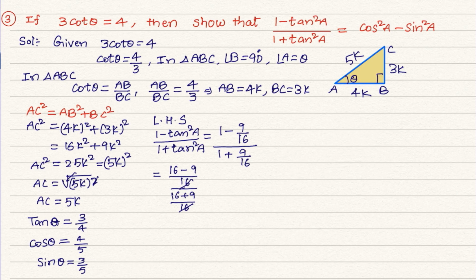Now we can cancel the 16 and 16. So the result is going to be 16 minus 9, 7 by 16 plus 9, 25. So LHS we got 1 minus tan square A by 1 plus tan square A is equal to 7 by 25. This is LHS value.